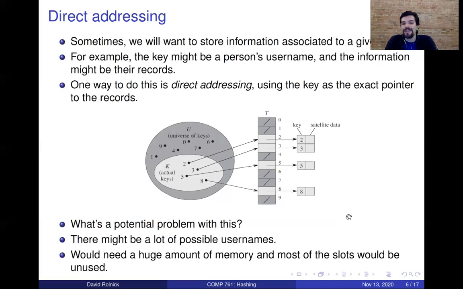I encourage you to calculate the number of alphanumeric strings of size 12. Something like 36 to the 12 is going to be really, really large, and it's not doable even with cheap RAM. So I wouldn't suggest doing direct addressing for keeping a table of username data.